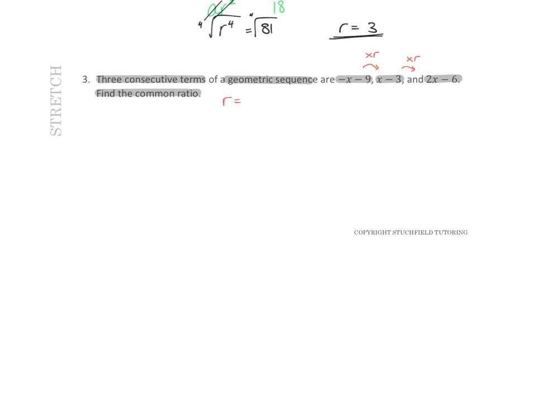So r equals u2 over u1, or it could equal u3 over u2. So u3 over u2 is the same as, because it has a common ratio, u2 over u1.